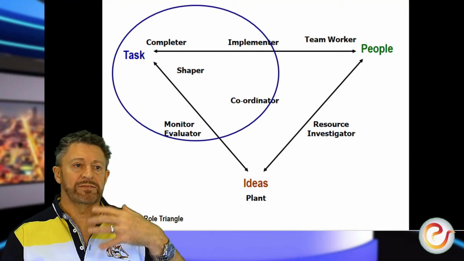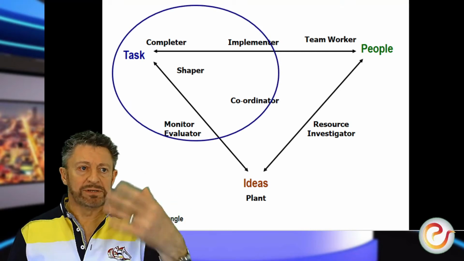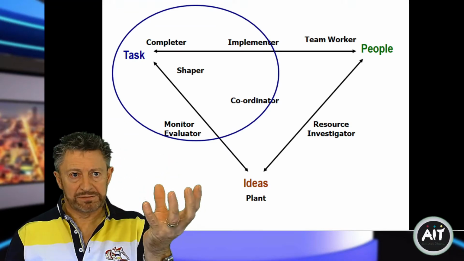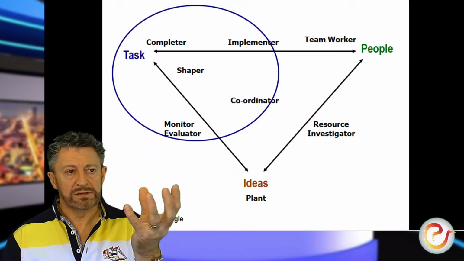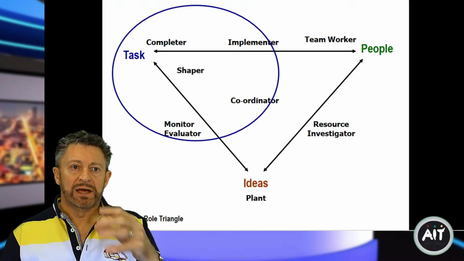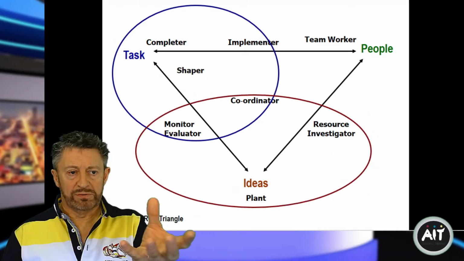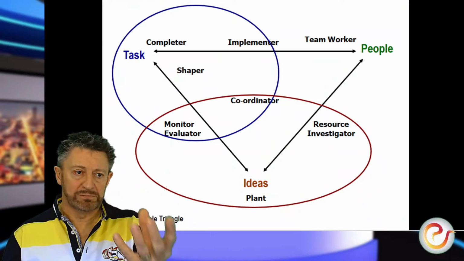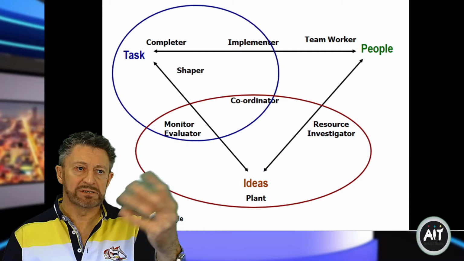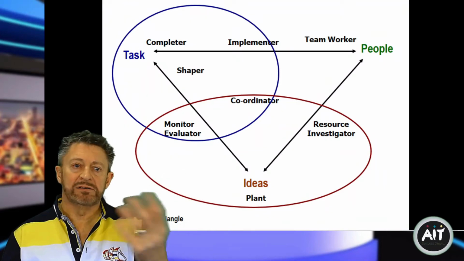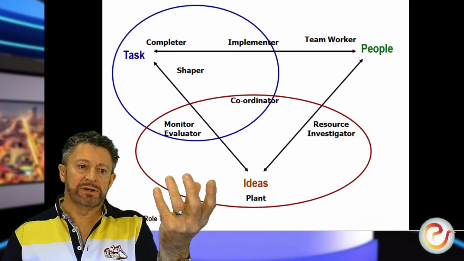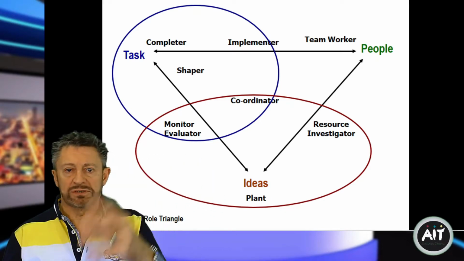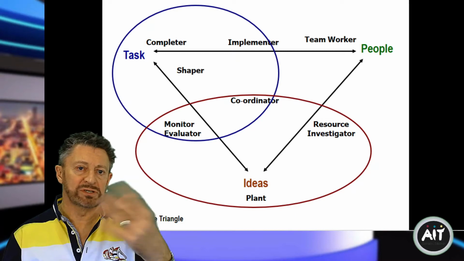So if we look here, you have, as you can see, implementer, completer, shaper, monitor all involved in the task element of the idea. And below here you have the coordinator, the monitor evaluator, looking at the ideas and how they've gone into the task. And then do we need to come up with newer ideas and feed them into new tasks, and that generates more tasks, which requires more ideas and more solutions and so on.